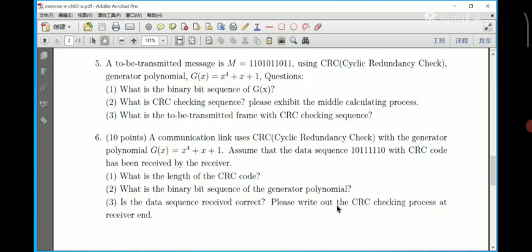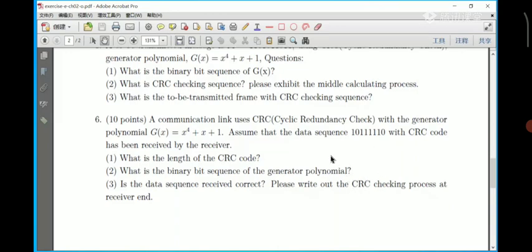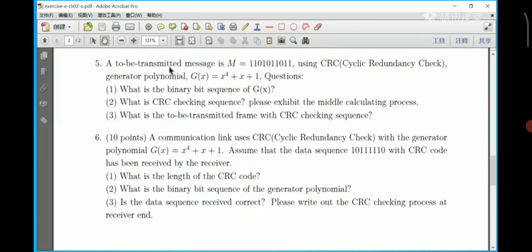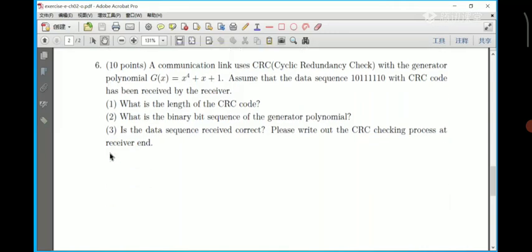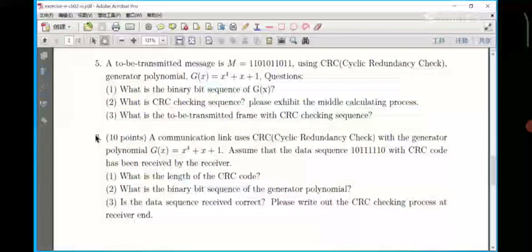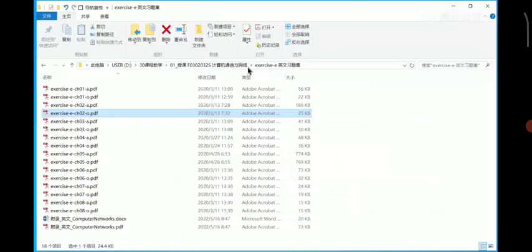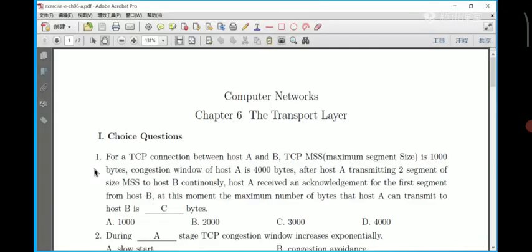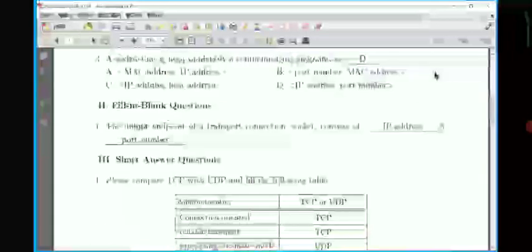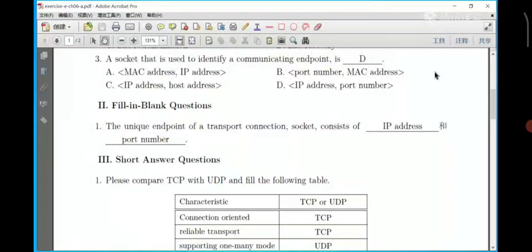And so please write out the checking process at the receiver end. That is different. So in the review PPT, I showed question 5, right? Now I will illustrate the answer of question 6.